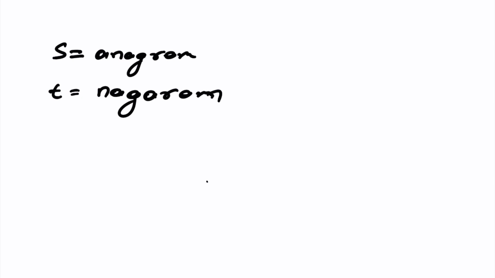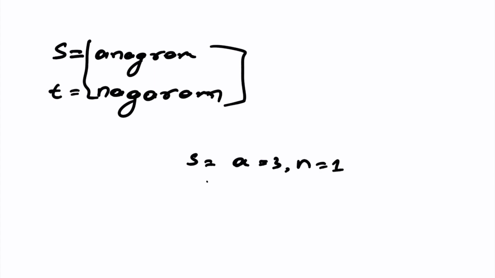Now we have to count the frequency of each character in these two strings. If the frequency of each character is the same, then we can say that these two strings are anagrams. Let's test the letters in S. Here the frequency of A is 3, N is 1, G is also 1, R is also 1, and M is also 1.